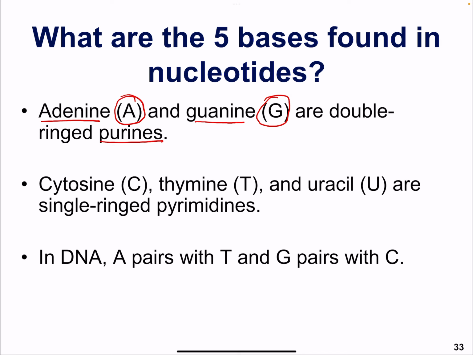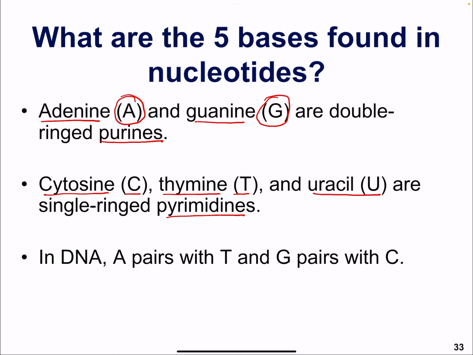Then we're going to have cytosine abbreviated C and thymine abbreviated T. These two, cytosine and thymine, are single-ring pyrimidines. In addition to cytosine and thymine, though, you are going to have uracil, abbreviated U.